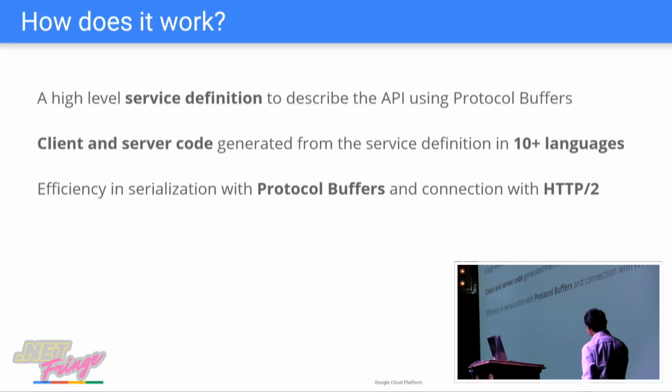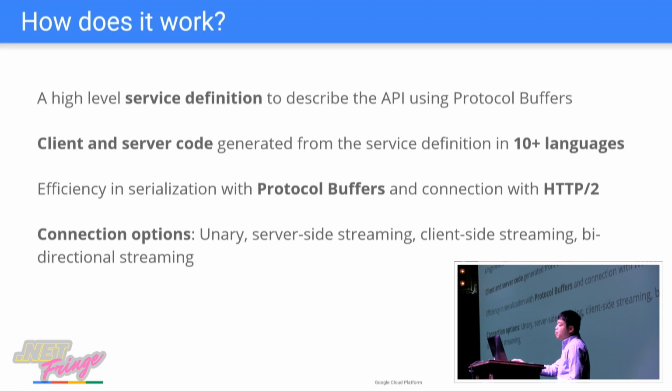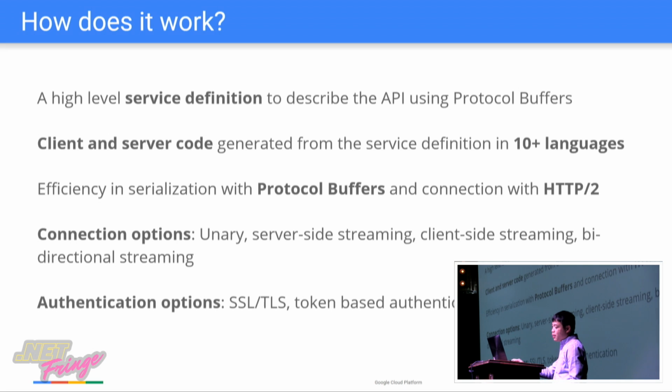It's efficient in serialization with protocol buffers and in connections with HTTP2. It has flexible connection options: unary, server-side streaming, client-side streaming, bidirectional streaming, and authentication options. You can choose SSL, TLS, or token-based authentication.